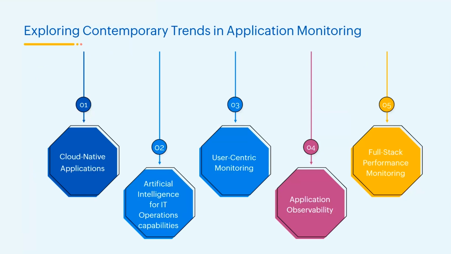Now here are some of the contemporary trends in application monitoring. Let us see them one by one. The first one is cloud native applications. Nowadays, large enterprises have moved many of their applications to the cloud, where cloud native applications are scalable, flexible, and efficient, and use small independent building blocks like microservices and containerization, commonly Docker and Kubernetes.